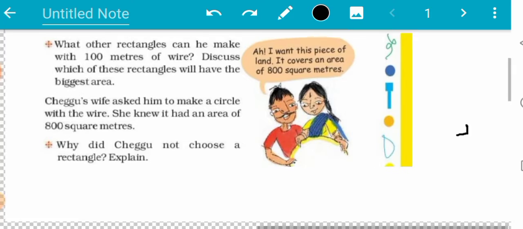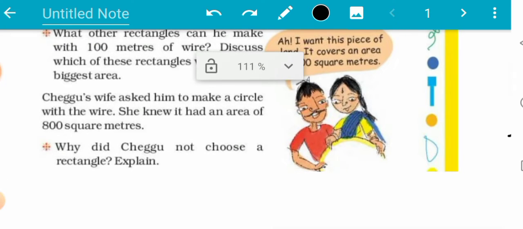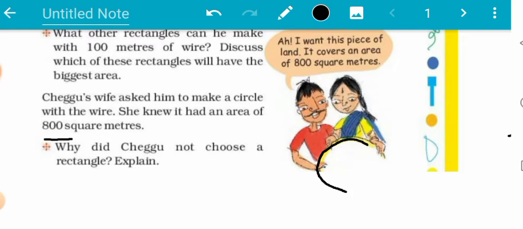So Chegu's wife asked him to make a circle with the wire. She knew it had an area of 800 square meter. See, she has made a circle whose area is 800 square meter. So why did Chegu not choose a rectangle? Explain.